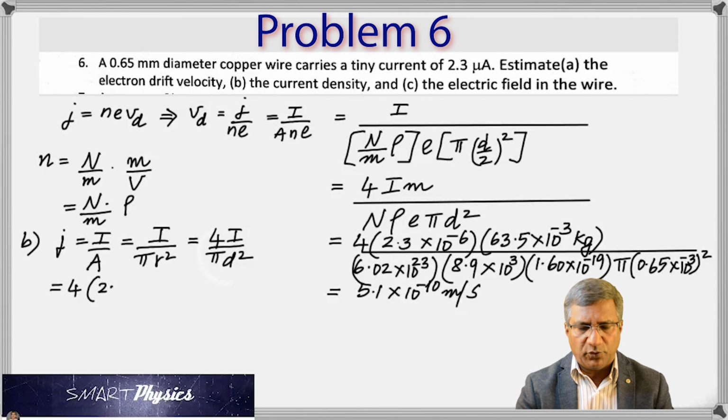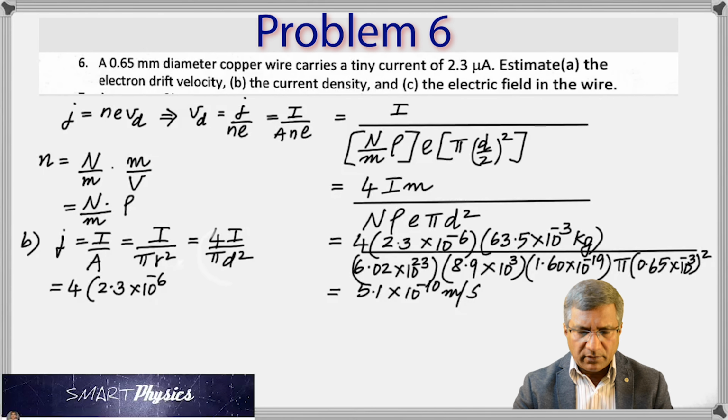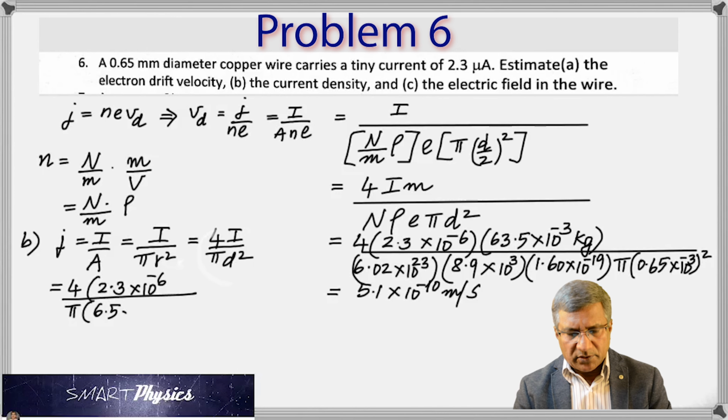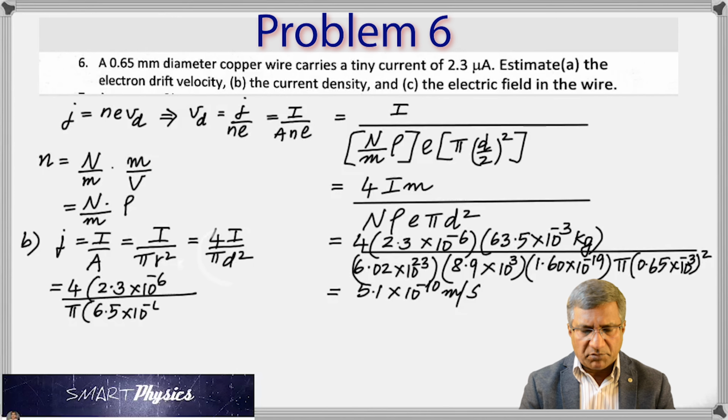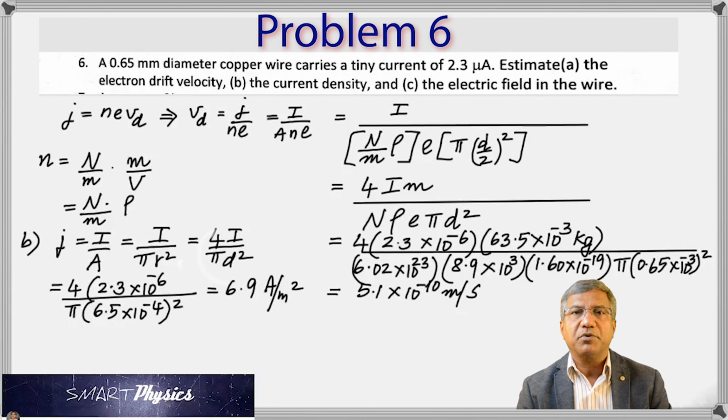That's why you have that 4, because the radius is d by 2, and when you square it, the 4 goes to the top. I hope you understand that. So current is 2.3 times 10 to the negative 6 by pi d squared, and you get 6.9 ampere per meter squared.